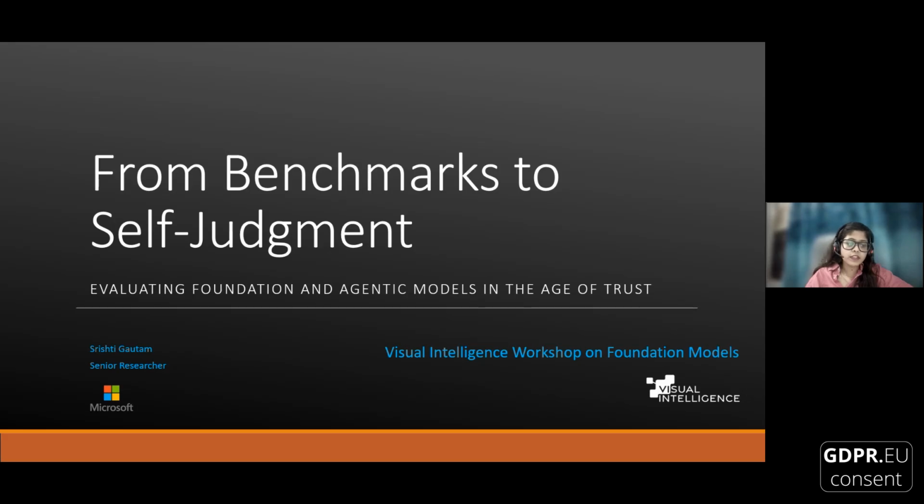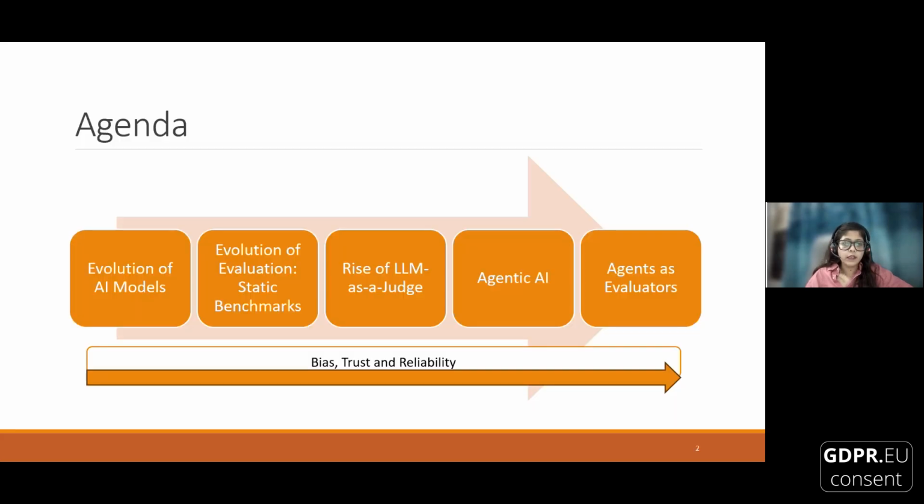Let's start with the agenda very quickly. First, we are going to talk about the evolution of AI models from traditional ML models to the current agentic AI models moving towards AGIs. Then we are going to talk about the evolution of evaluation, which will start with static benchmarks.